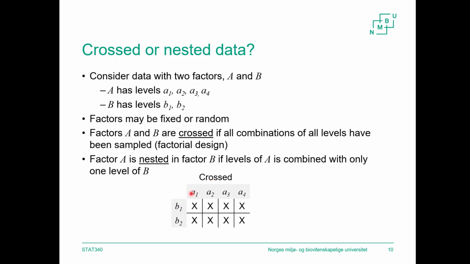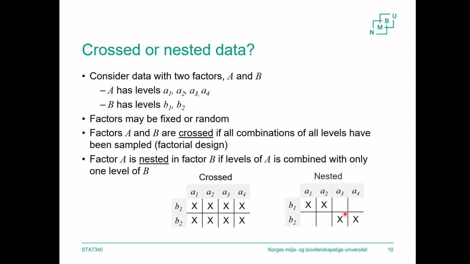You can put one factor along one dimension and the other factor along the other, and you have data for all combinations, right? This is full factorial. All combinations are observed in our data set. All the levels of one factor, all the levels of another one, all the combinations are seen.